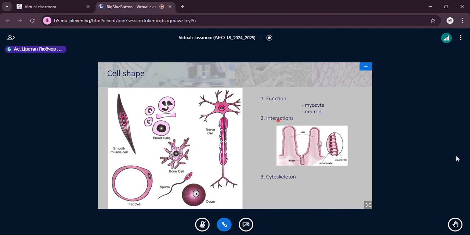Interactions, guys, are also important for the cell shape. If this is your space, and you put several different cells, let's say 3, they will look like this. But if I put not 3 cells in the same space, but let's say 30 cells, they become something like this. They will try to fit in and keep the volume, but you're going to see that they go in height.